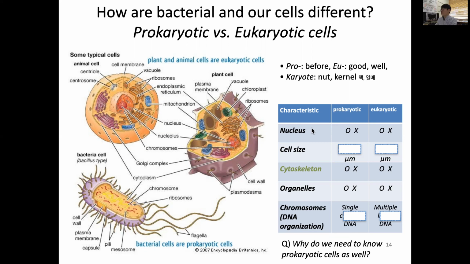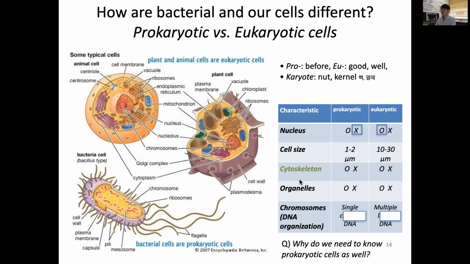So in terms of nucleus, prokaryotes do not need a nucleus, while eukaryotes have a nucleus. Regarding cell size, bacteria are on the order of 1 to 2 microns, while eukaryotic cells are, I would say, 10 to 30 microns.